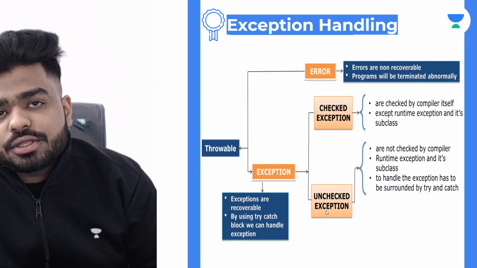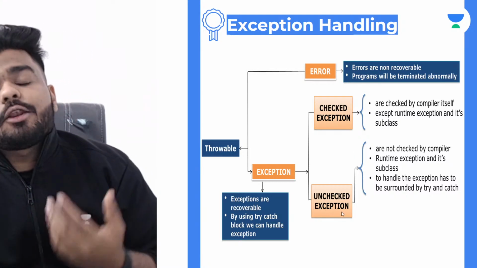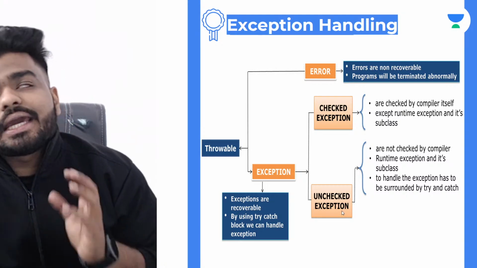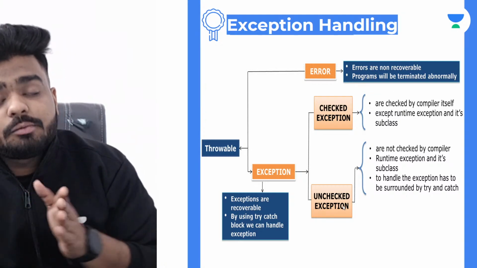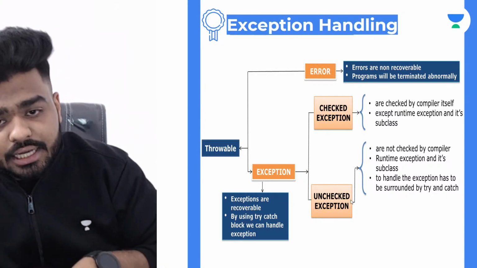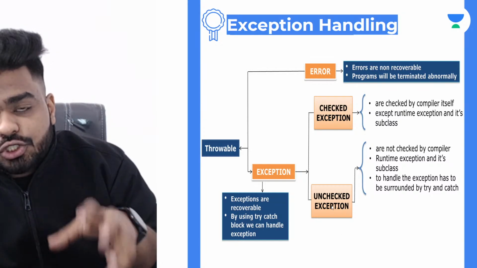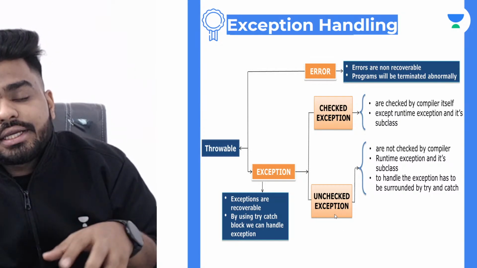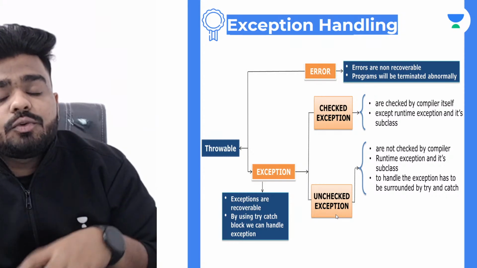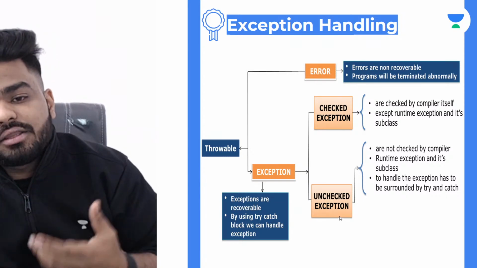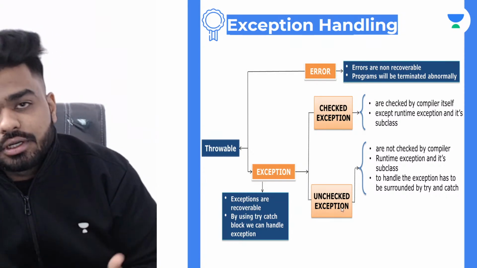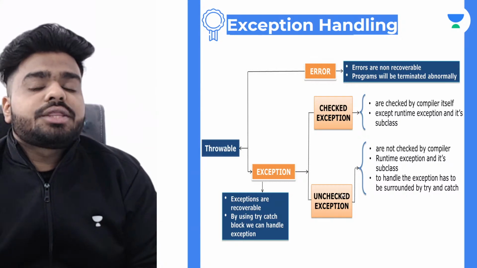And unchecked exceptions are those exceptions which cannot be checked by the compiler, or cannot be checked at compile time. They will be checked only at runtime. So when you're running your program, then only you can find these exceptions in your result. Okay, so these are the two kinds of exceptions.